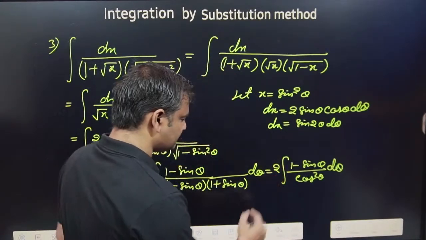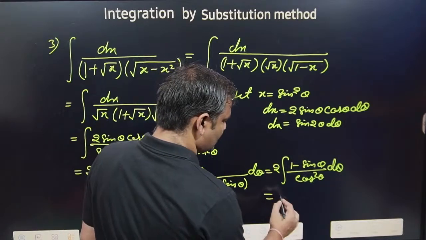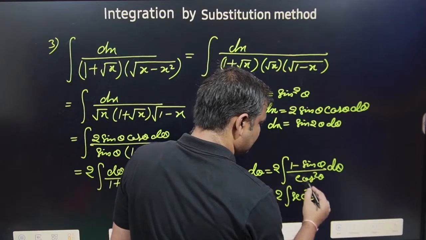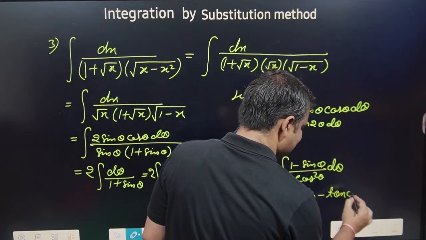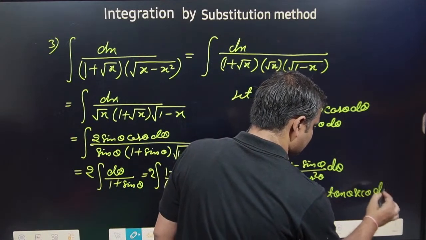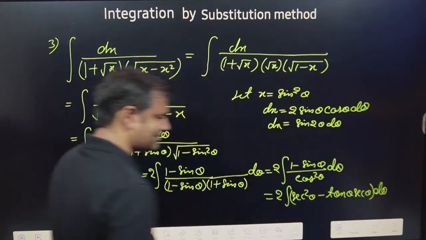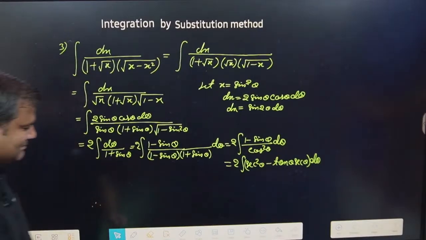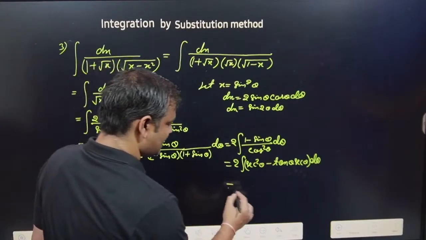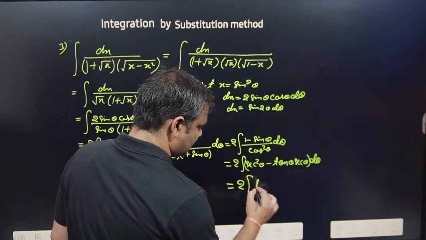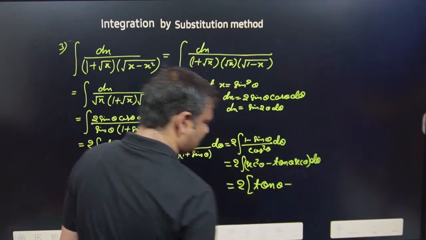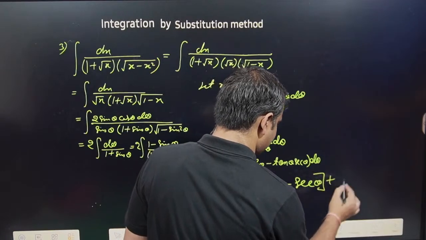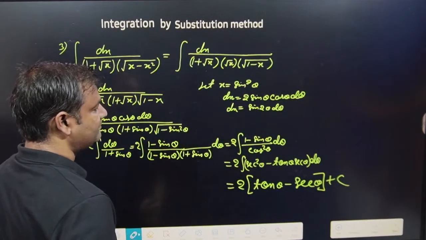This is 2 into sec square theta minus tan theta into sec theta d theta. So we get 2 times tan theta minus sec theta plus c.